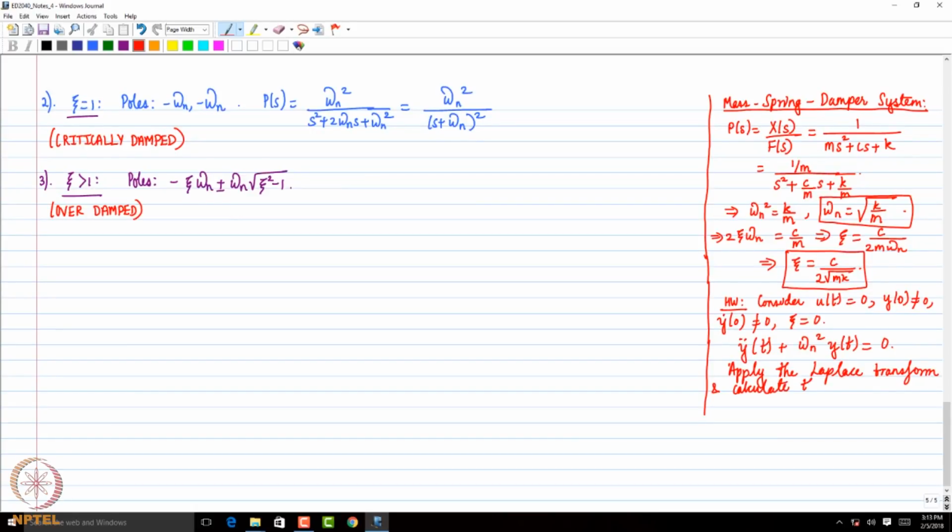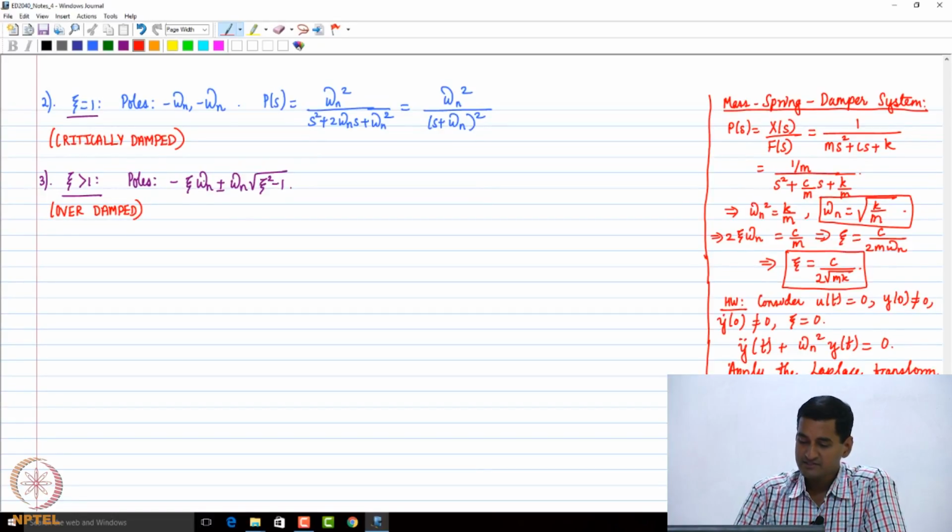Then you will immediately get the answer, right. So you will see that the output term will have sinusoidal terms whose frequency is omega n. So that's the definition of natural frequency. So this is something which I want you to do, and find out. That's the definition of natural frequency. Is it clear? Okay.